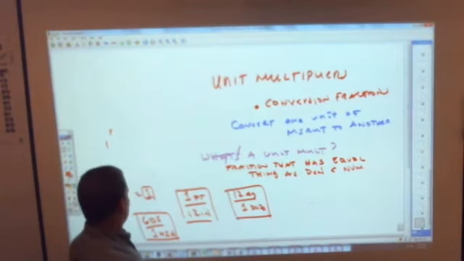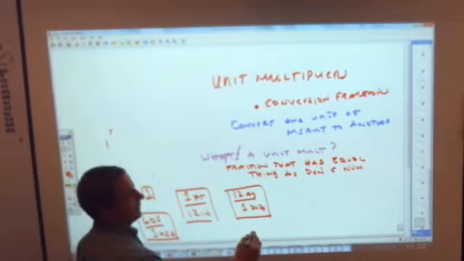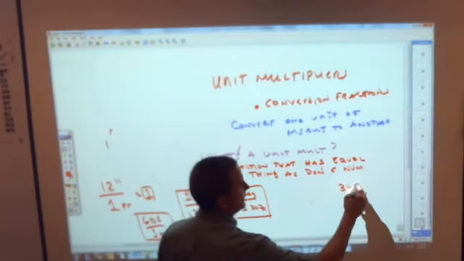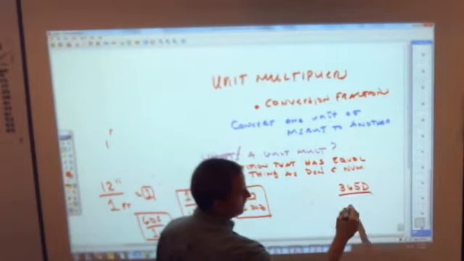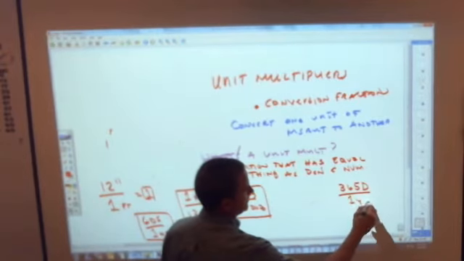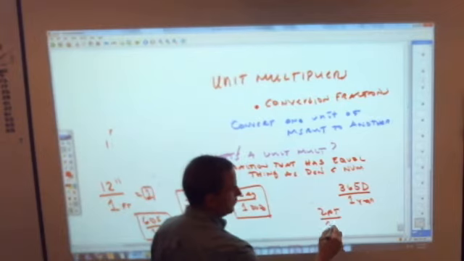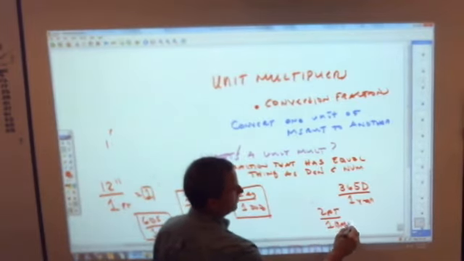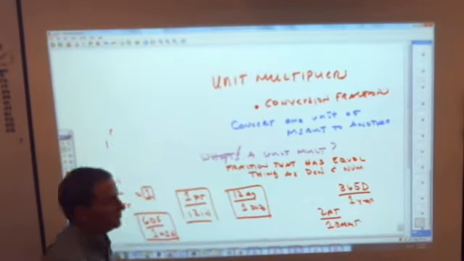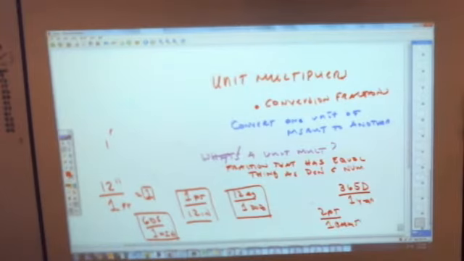Did we do time? 365 days would be over what? 1 year. 2 points is 1 basket. Or unless it's a 3-pointer, but who knows what we're talking about. Those are all unit multipliers. Anything that you can make equal to 1 or equal to the same thing is a unit multiplier.